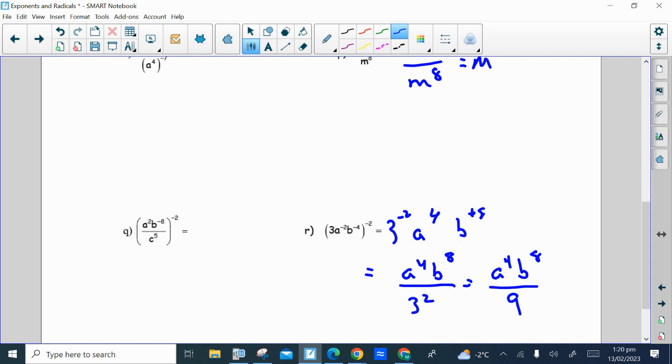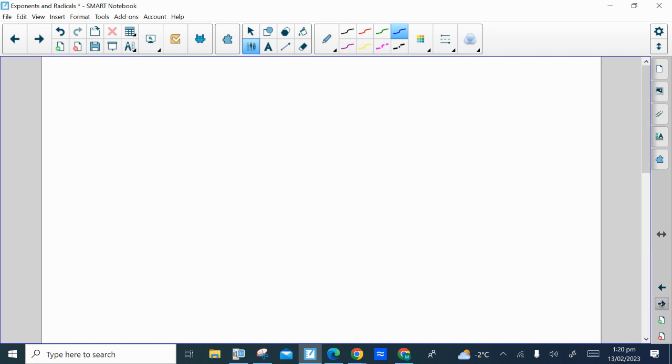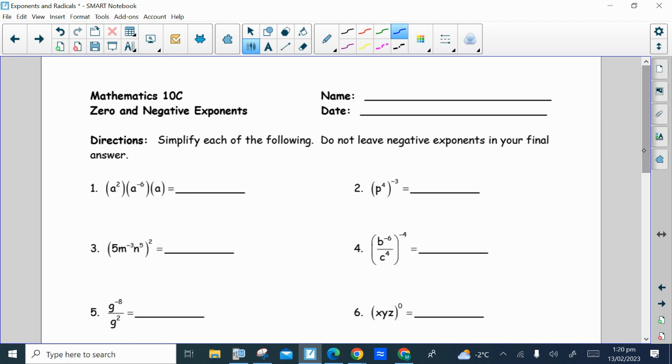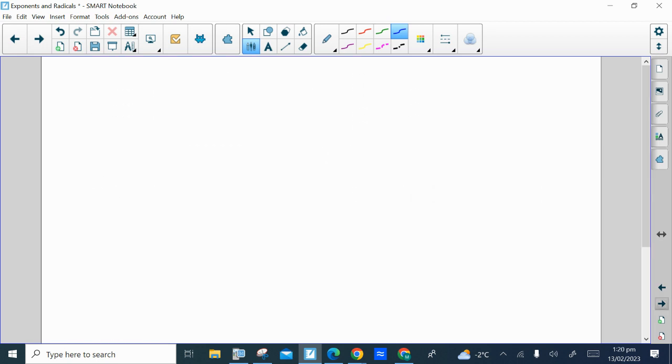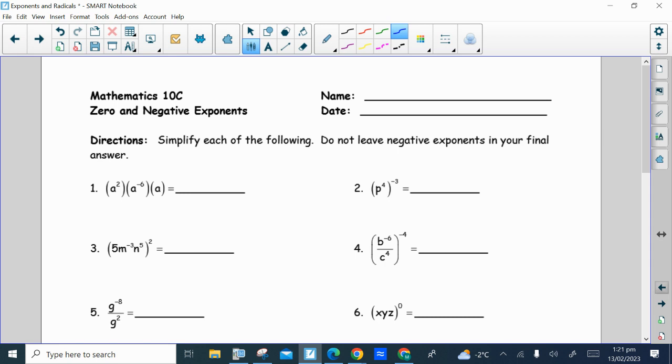Now, there's an assignment there that you're going to do and you're going to hand in. It's just that one page. Okay, so you're going to rip it out of your package. You're going to put your name on it. Yes, it counts for marks. If you didn't hand in the one from last week, so Stanley, I don't have page 21 from the package from you.